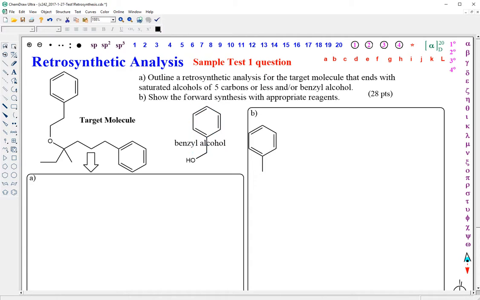This is not benzyl alcohol. This is phenol. You can't do what we need to do with phenol. And you're not allowed to start with phenol.